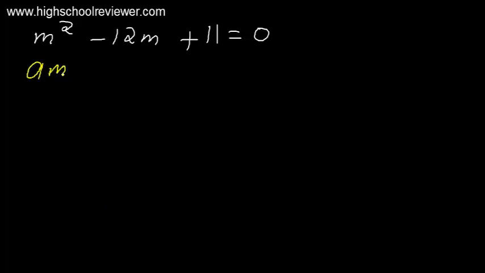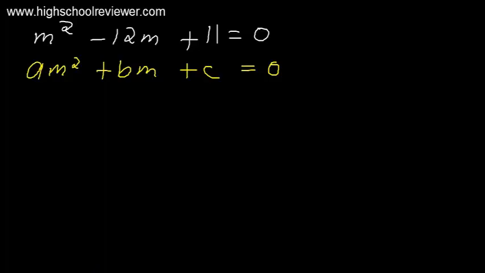Our next problem, we have m squared minus 12m plus 11 equals 0. This is of the form am squared plus bm plus c equals 0.